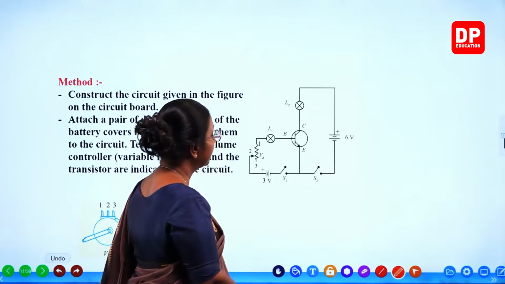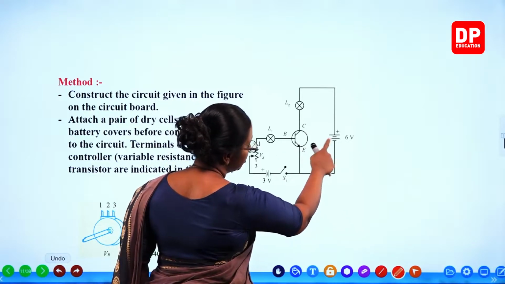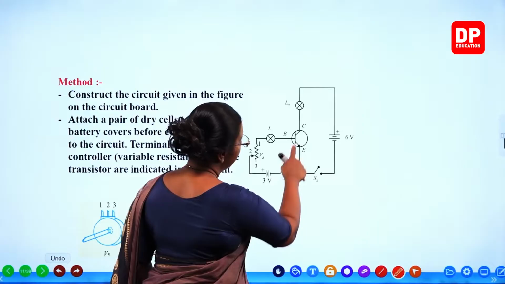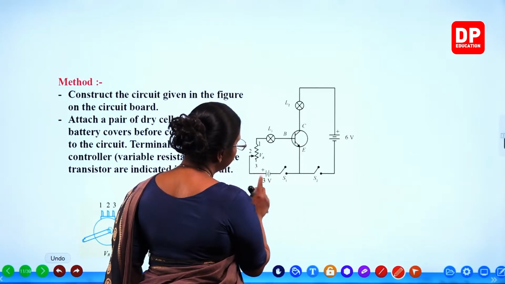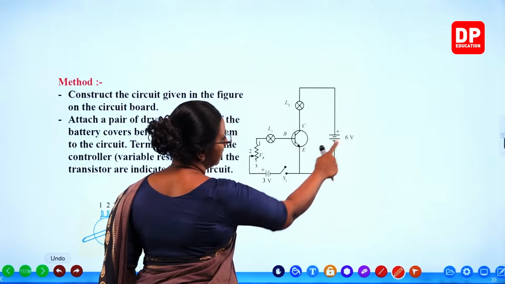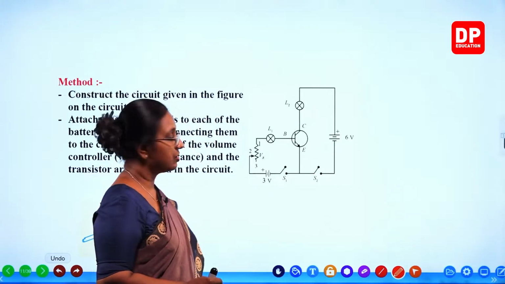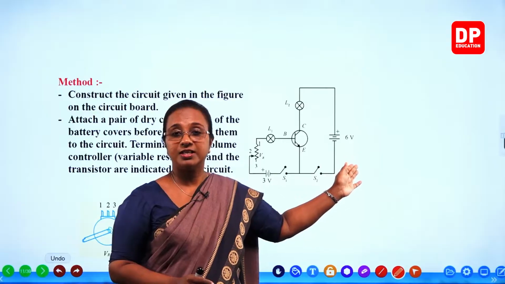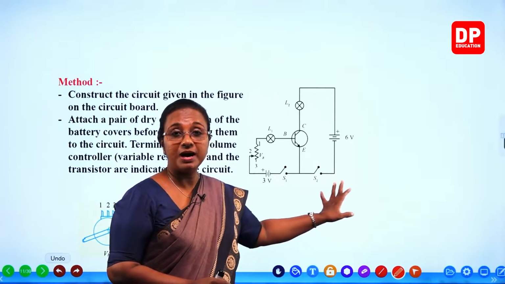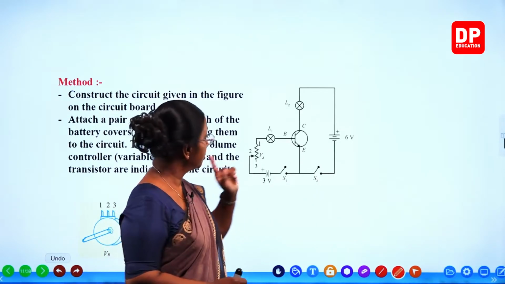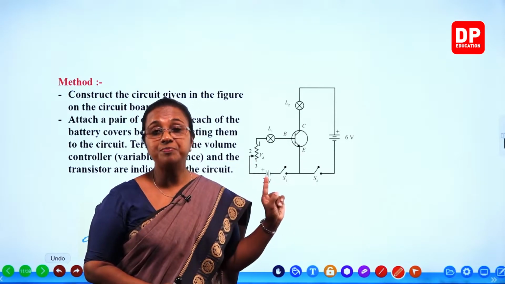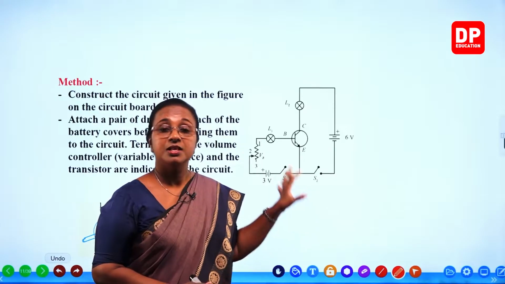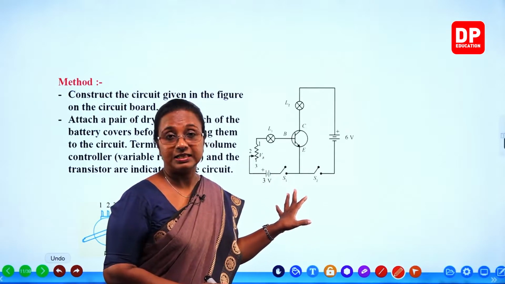So the emitter collector junction is also forward biased. Here you can see less potential difference and higher potential difference, or less voltage and higher voltage. That is how we forward bias these two junctions. So automatically the base collector junction will become reverse biased. That is how we connect the circuit.